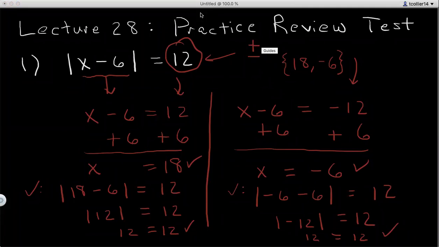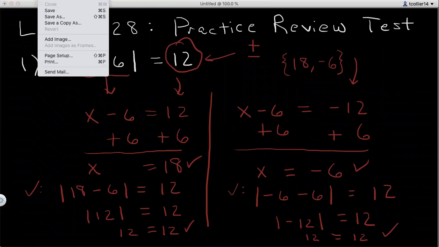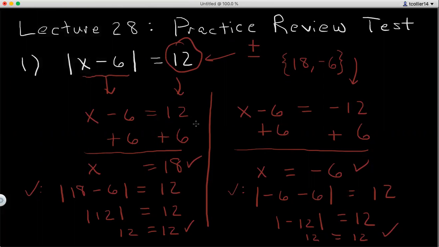Okay. Now I need to figure out how to make a new page. I'm not really sure. Let me see. Yeah, I'm actually not sure.